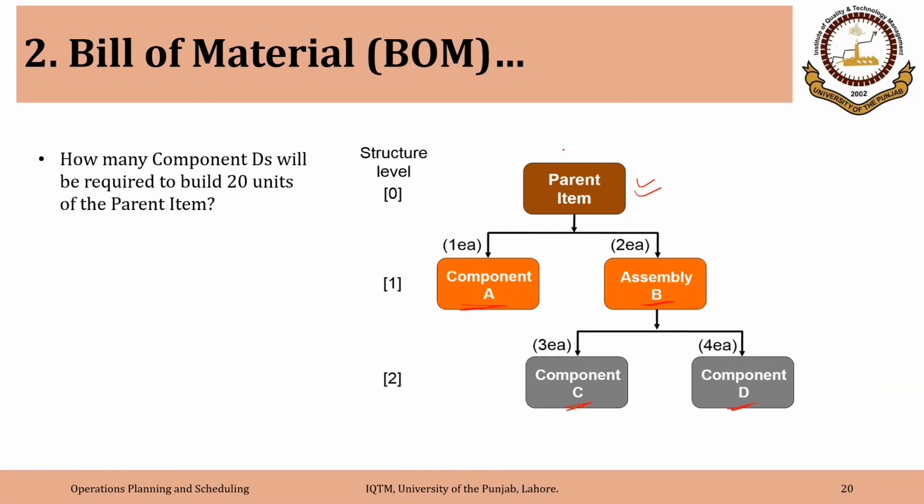For example, in order to make one parent item, we need one component A and two assemblies B. And in order to make one assembly B, we need three components C and four components D. So in this case, how many component Ds will be required to build 20 units of the parent item?